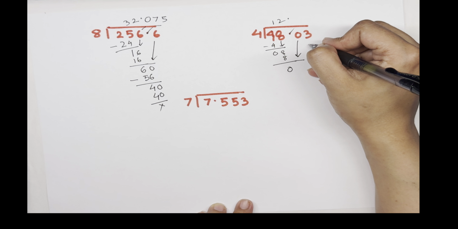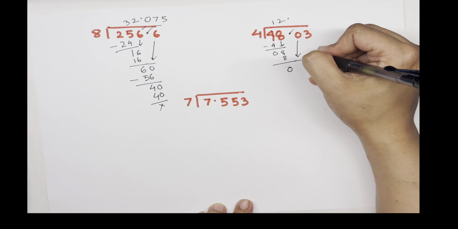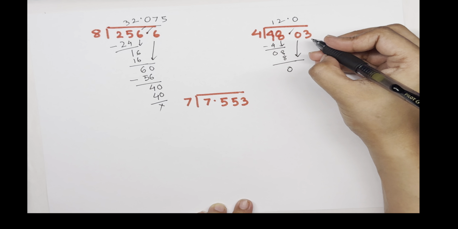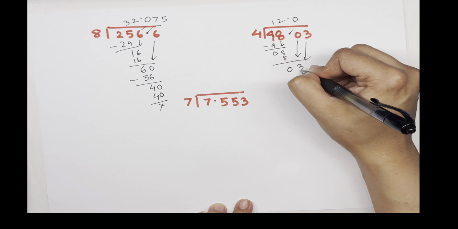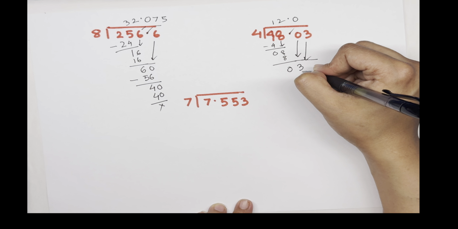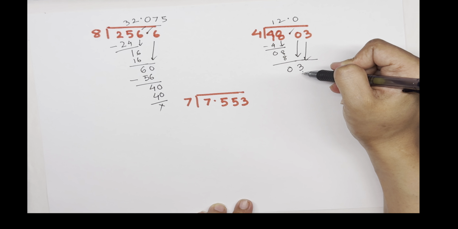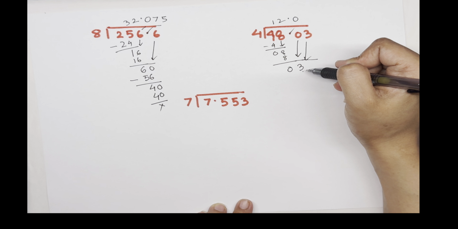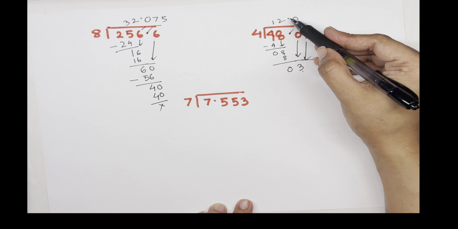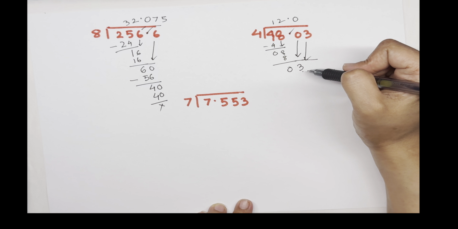But in order to bring this digit down, I have to put a 0. This 3 is still not going. But according to the decimal rule, if you put the digit down, it should go. But in this case, we have to borrow a 0 because the decimal is there, you can always borrow 0.